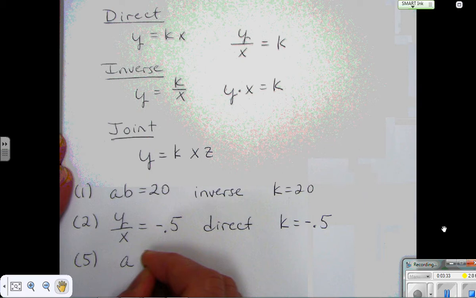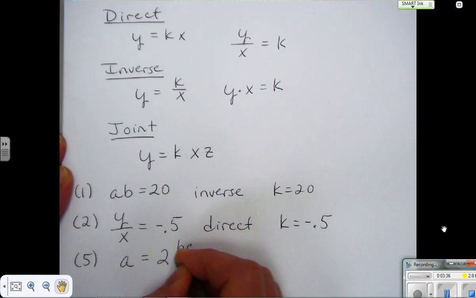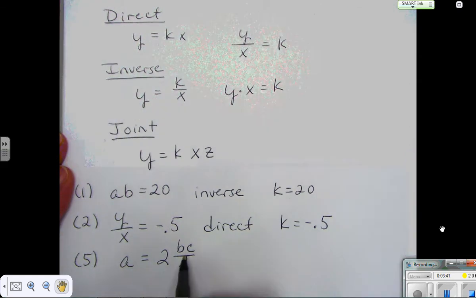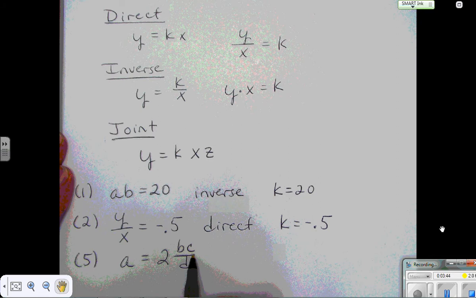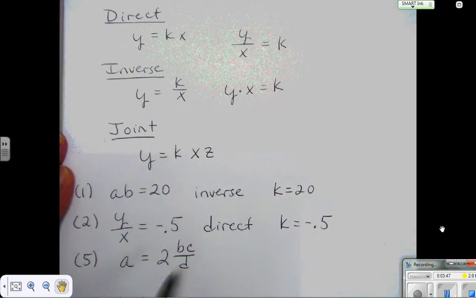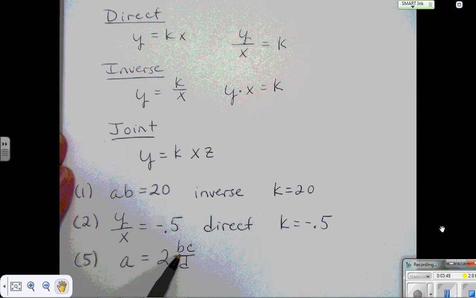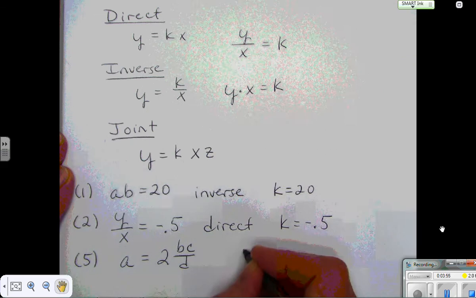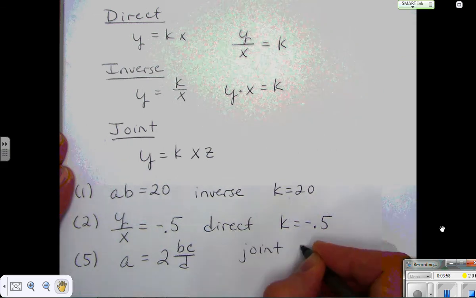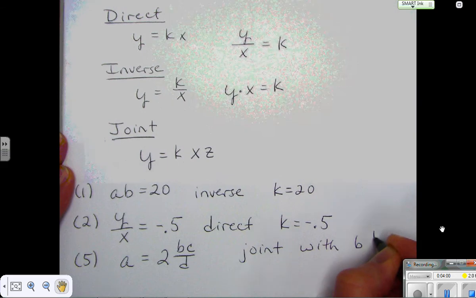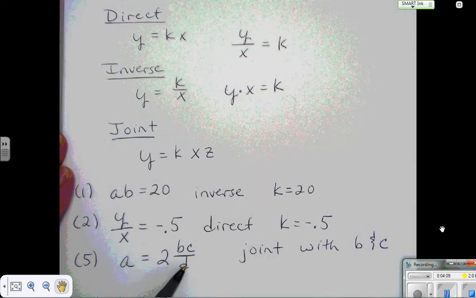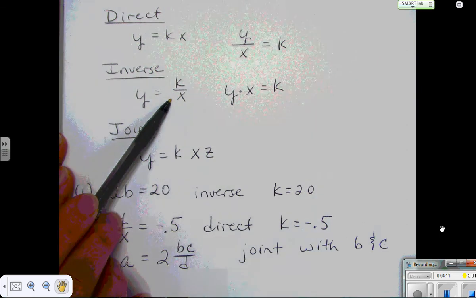All right, so let's look at 5, because 5 has a couple of different things happening. We have a equals 2 times bc over d. So the numerator is a direct joint variation. You have more than one variable. So it's like your joint. So you're going to have a joint variation with b and c, and then d is like the inverse.